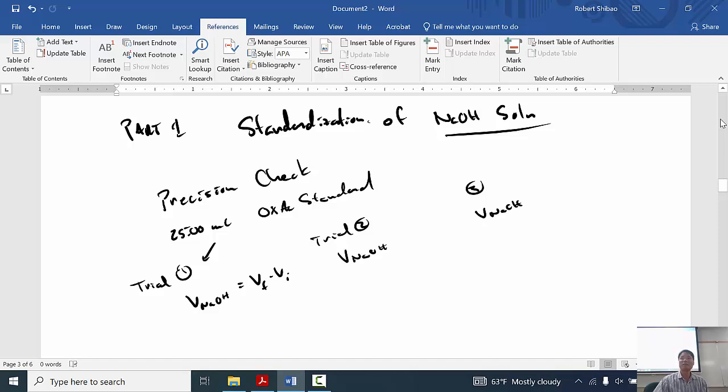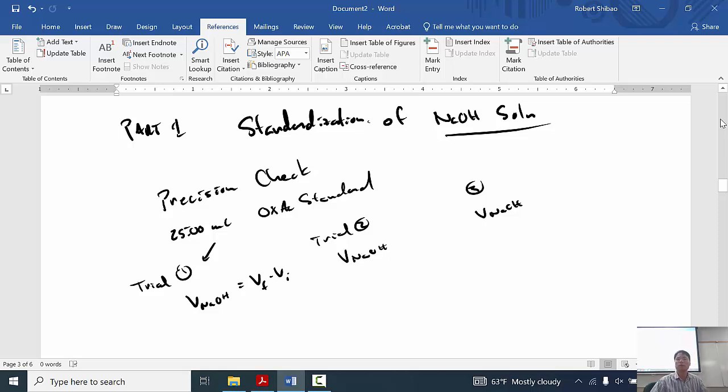They should be exactly the same. Do you think they're going to be exactly the same? No. Why? Probably due to random error, right? What's the accepted percent error for this lab? Less than 1% is good. But we're not going to calculate the percent error.